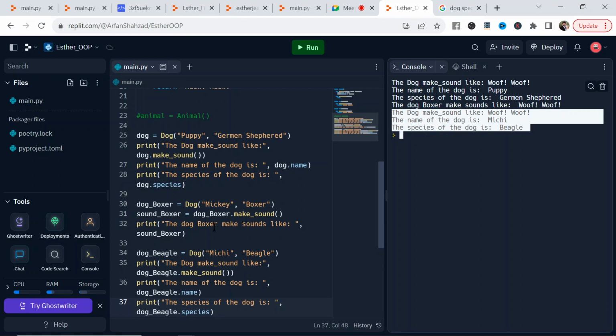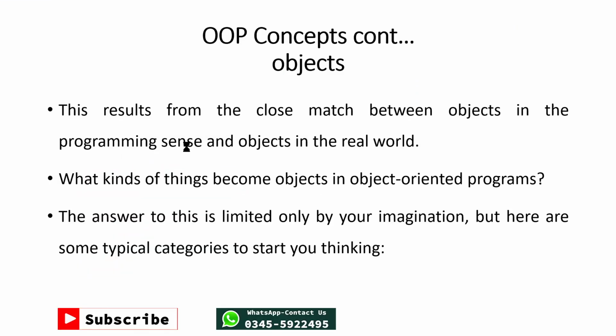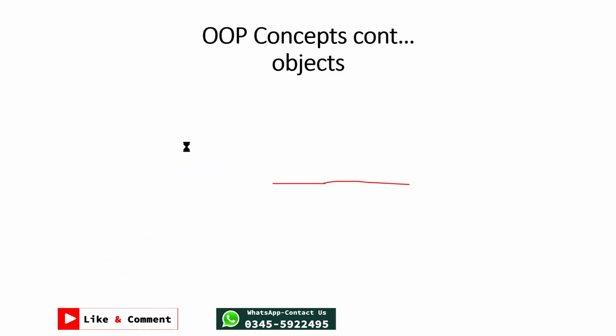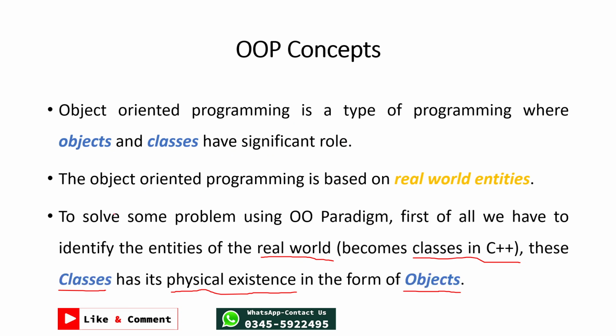So you can see we have created three objects of the same class. Let me repeat my words from the very first slide. Object-oriented programming is based on real-world entities to solve some problem using the object-oriented paradigm.